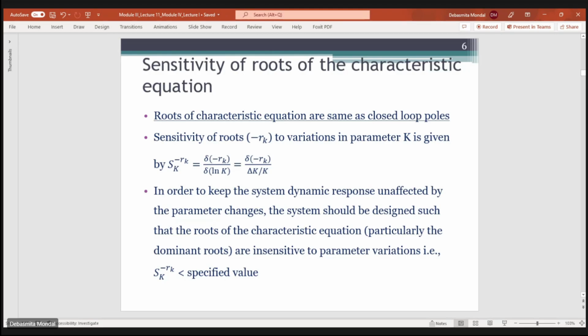So obviously we would want the position of the dominant roots to be insensitive to any kind of parameter variation, or even if it is changing, it should lie within a specified value.